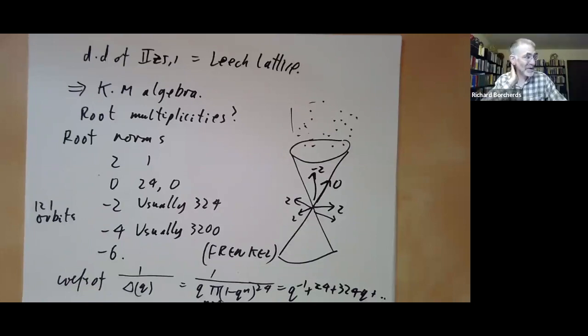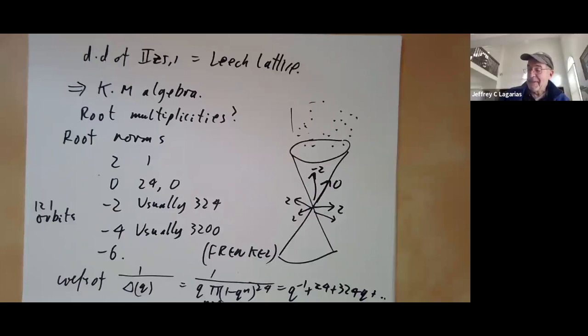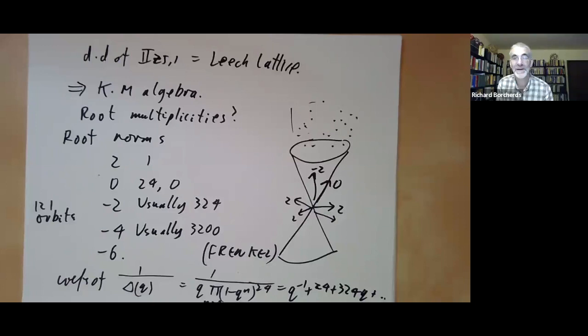Well, you can't embed D_n for n greater than 25 inside the Leech lattice, for dimension reasons. So you can do D4 all the way up to D25, although D25 isn't terribly interesting because its complement is just going to be a one-dimensional lattice, and if you can't figure out the automorphism group of that, trouble.